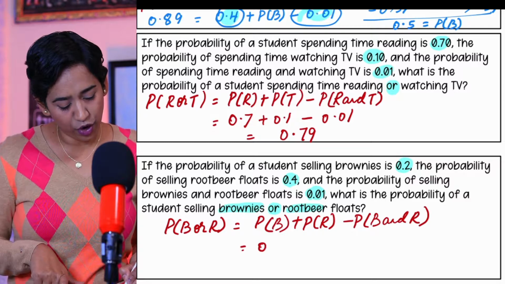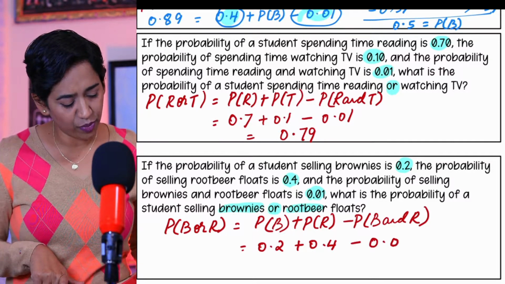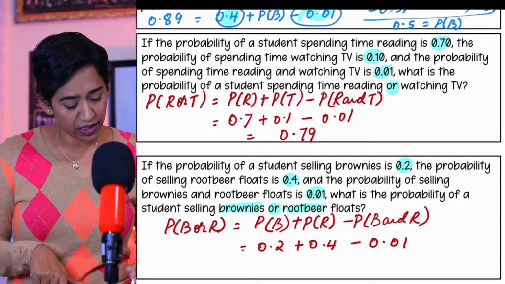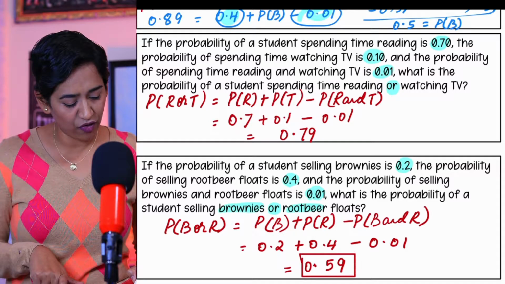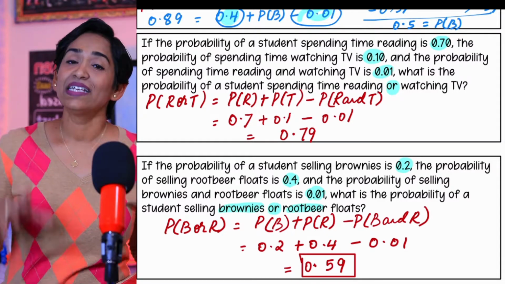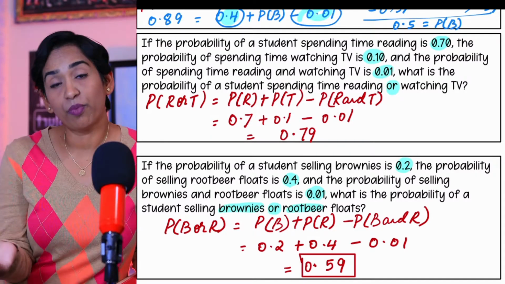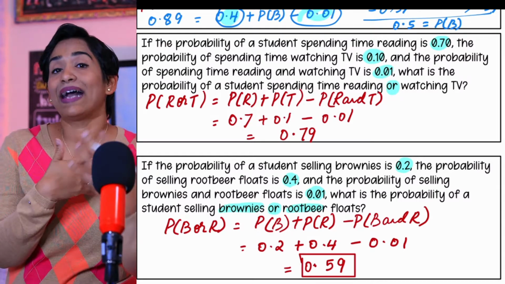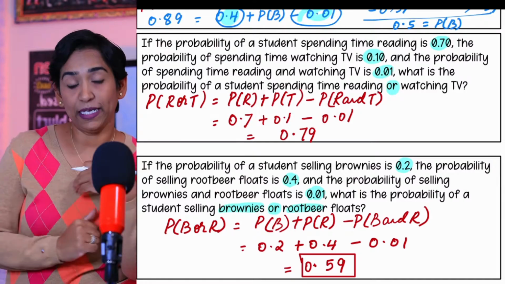Now I have 0.2 plus 0.4 minus 0.01. 0.2, 0.4, 0.6. 0.6 minus 0.01 is 0.59. And that is your final answer. So simply the word or means you're adding probability of the brownie plus probability of the root beer, but you subtract the ones that you added again. That's why you have to subtract probability of A and B.